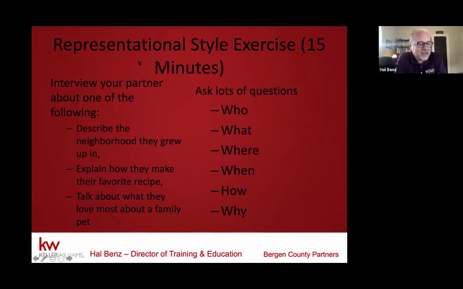The exercise here was a descriptive exercise, because descriptive conversations are where you're going to start to hear these representational words more often. It's just something to think about as you are having conversations with folks. Again, think about this as a tool in the toolbox.